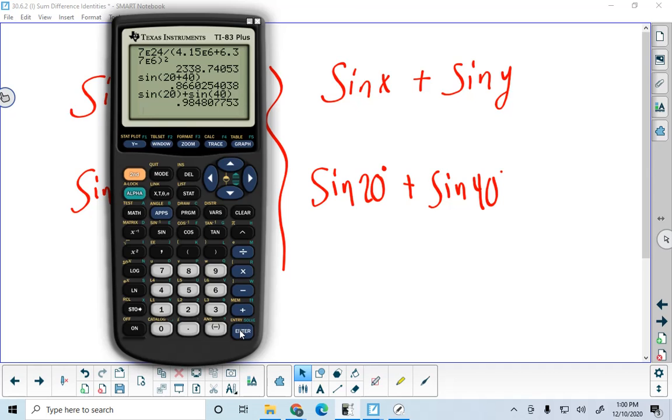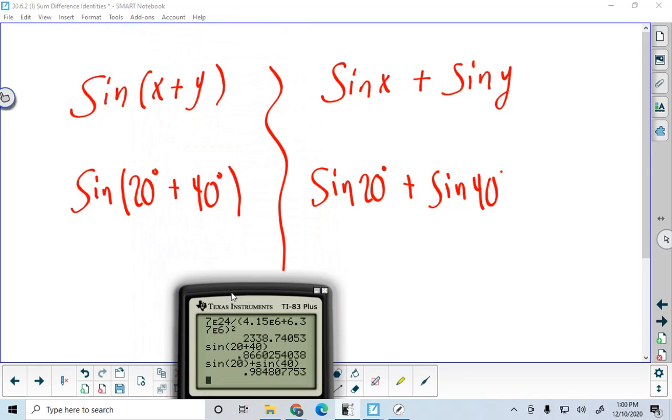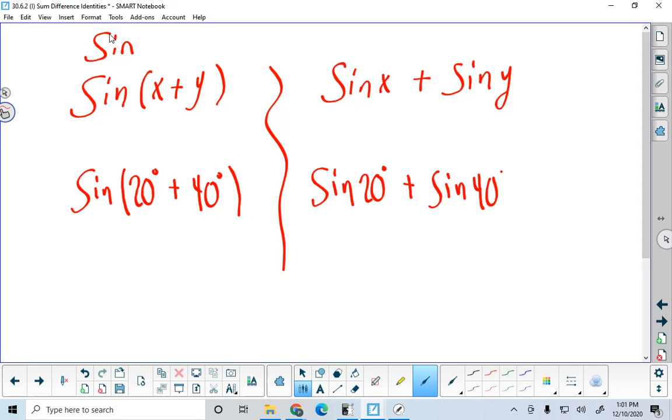So what I'm saying is, and I don't think you need to write this down, but I'm going to say it, so I want words for you to look at. The sine of a sum is not the same as the sum of the sines.